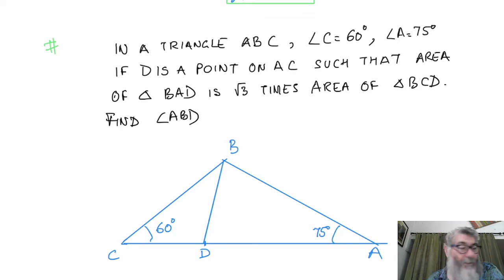Suppose the area of this triangle is delta 2 and the area of this one is delta 1.